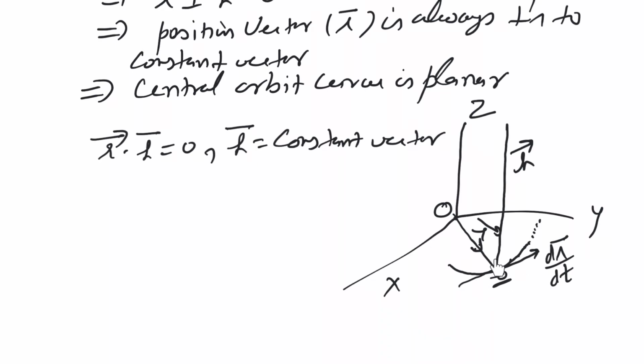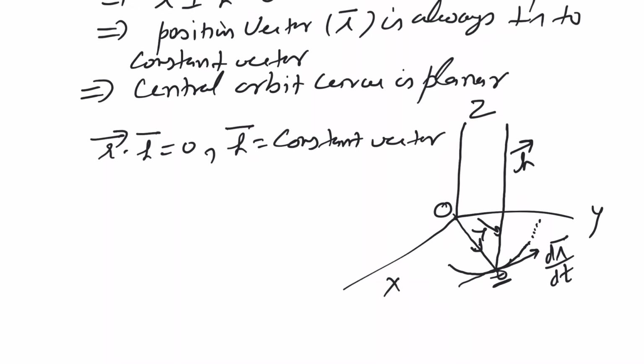If the particle is here, here, here, wherever it is, h is along the z-axis, so it will always be perpendicular to the xy plane. This guarantees that particle P is always in a plane, and whatever motion it is describing about point O is a planar motion in the xy plane.